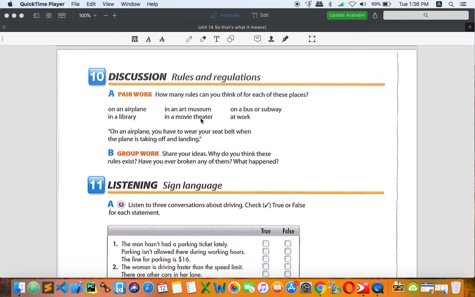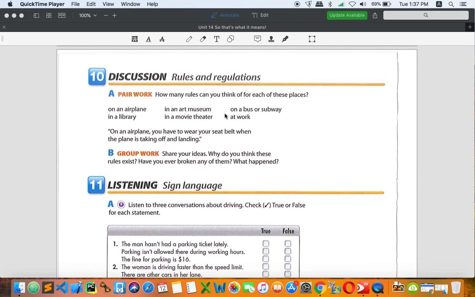I don't know, to me I just keep it until the end of the movie. And I don't turn off my phone, but I silence my phone. So you have to silence your cell phone. And of course you cannot talk loudly in a movie theater.